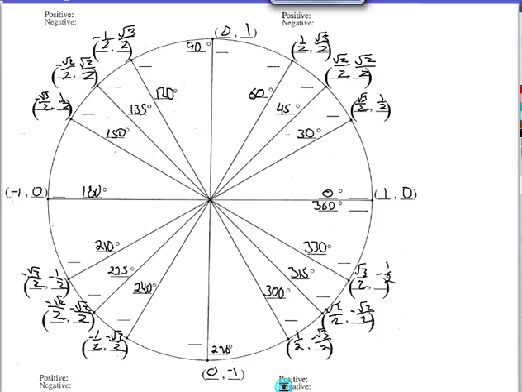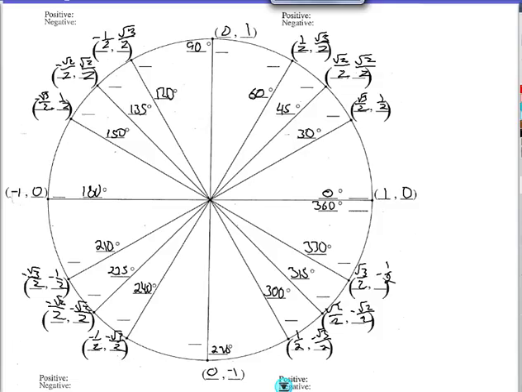If I ask what's the cosine of 30, what's the cosine of 30? Square root 3 over 2. How do you know that? Because it's the x-coordinate of the point that's on the 30-degree angle.